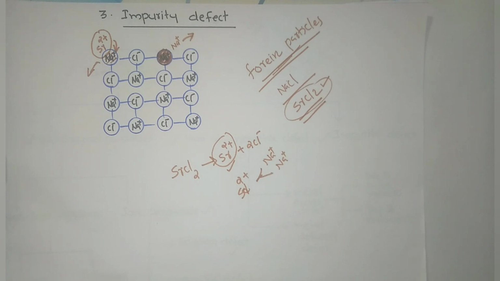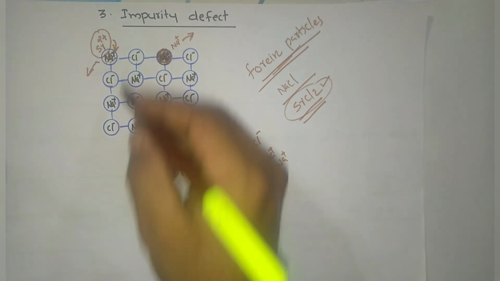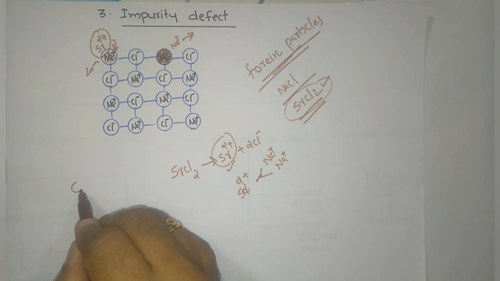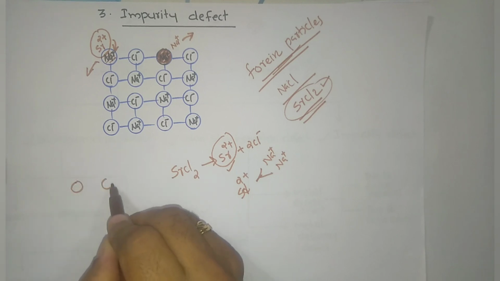Later we can draw the crystal structure like this. Here this one is vacant. Then Cl minus.